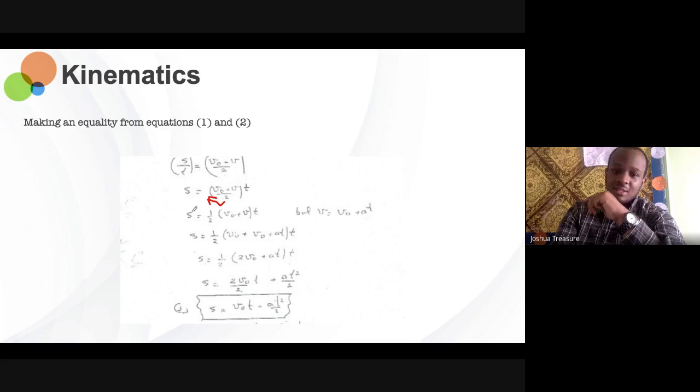If we have s is equal to half v0 plus v times t, we would substitute in this v. This v and this particular v are the same thing. They are both the same. Remember, you know this equation, right? You have seen this equation before.